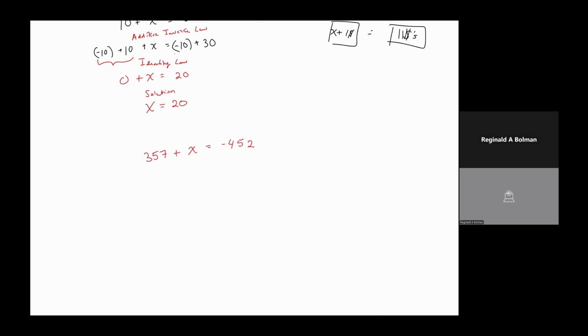Students using mental math will, in fact, usually get tripped up by the fact that there is indeed a negative sign on the other side of your equal sign. But if we just remember the additive inverse law, we may add a negative 357 to both sides of our equal sign.